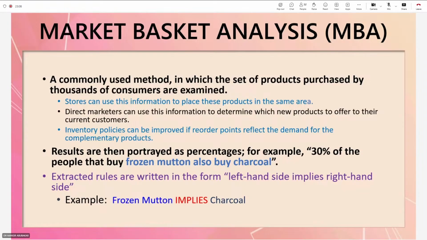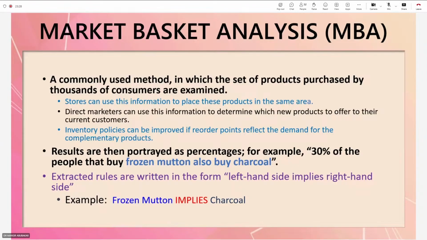So this is also where you can use market basket analysis to support decision making in the shop or in the business. And also inventory policies can be improved if the order point reflects the demand for the complementary products.